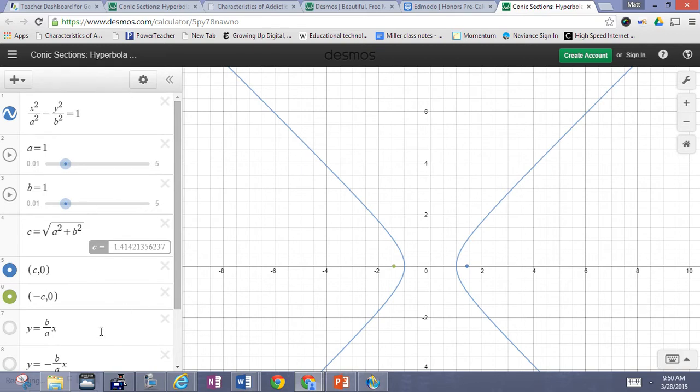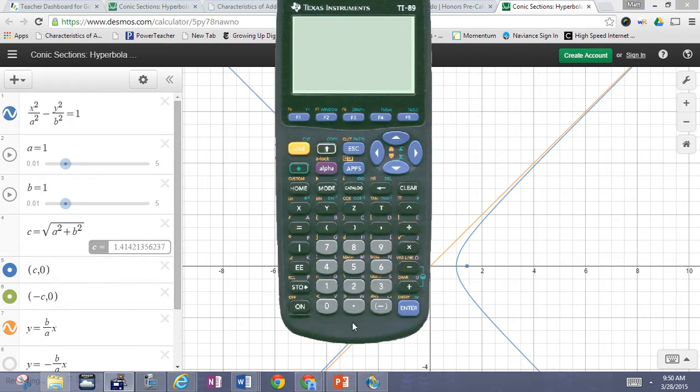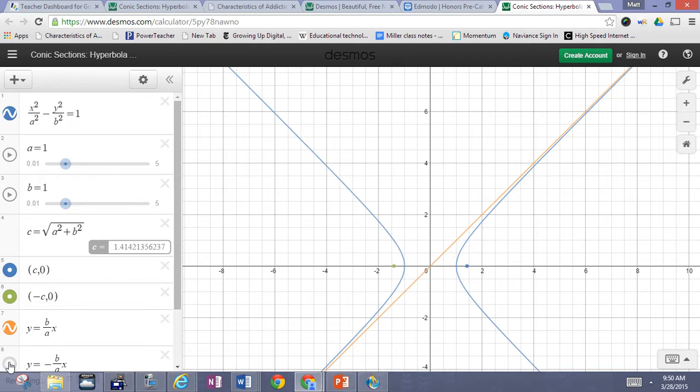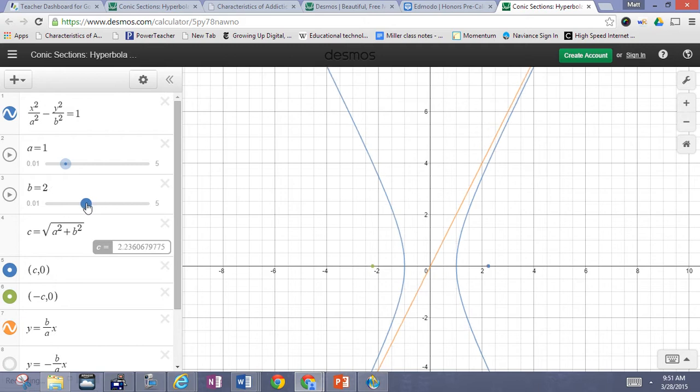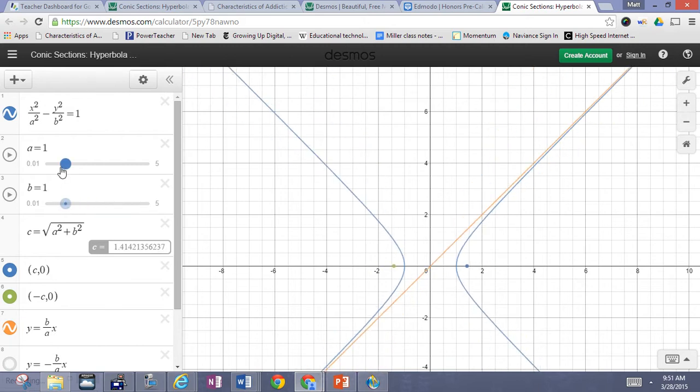The nicety here is finding what we call the asymptotes, the guides toward which the function drifts. In this orientation, there are two lines. Let's look at one at a time: y equals b over a times x serves as one asymptote, as you can see, drifting along. Regardless of how a and b change, y equals b over a x will always be the asymptote.